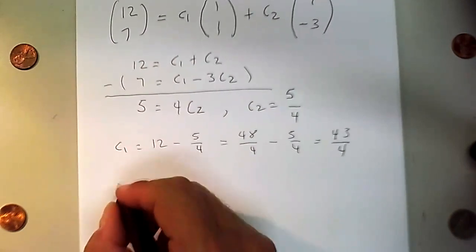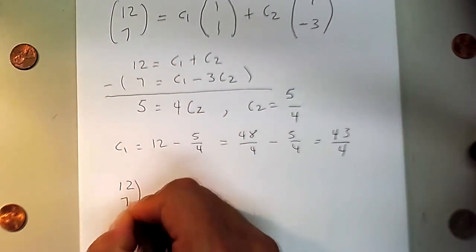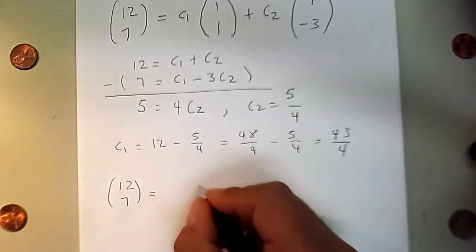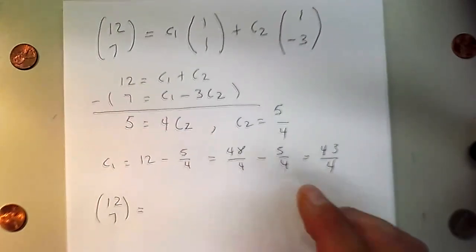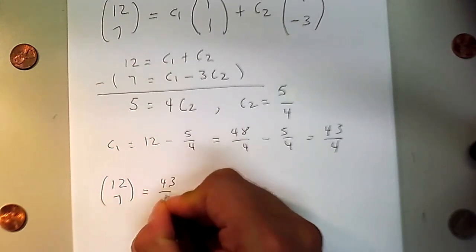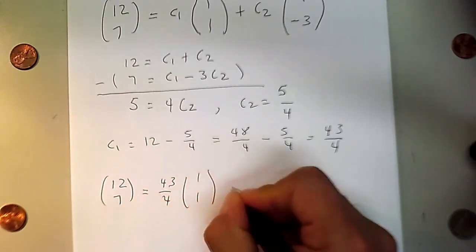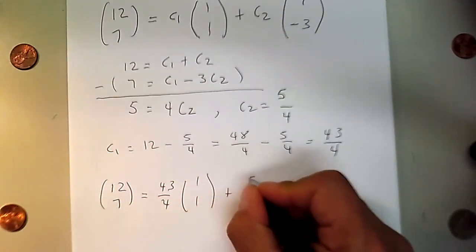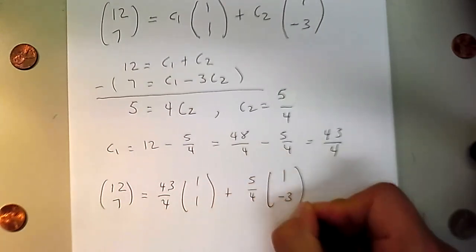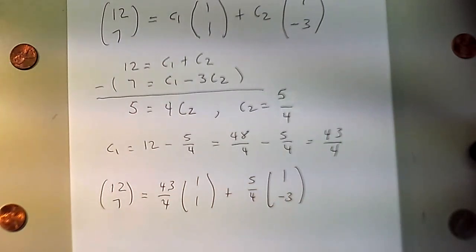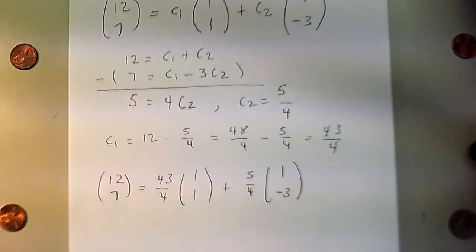So 12, 7 is equal to a linear combination: 43 over 4 times 1, 1, plus 5 over 4 times 1, negative 3.